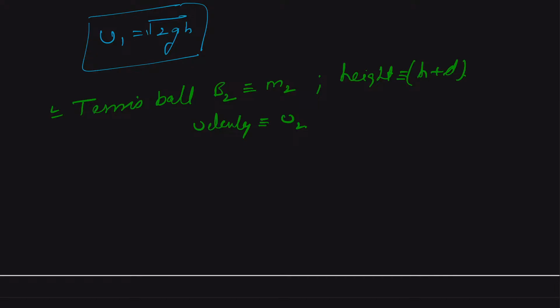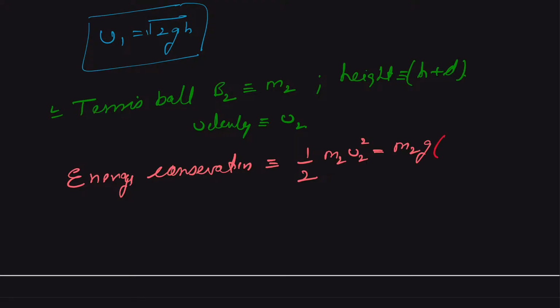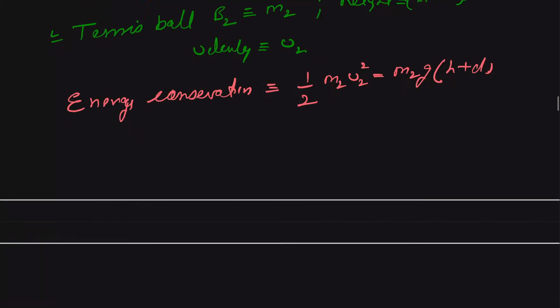Therefore, once again, our energy conservation: half m2 v2 squared is equal to m2 g, and this comes as h plus d. And we can write that v2 is equal to the square root of 2g times h plus d. So this is the velocity of the tennis ball just before hitting the ground.